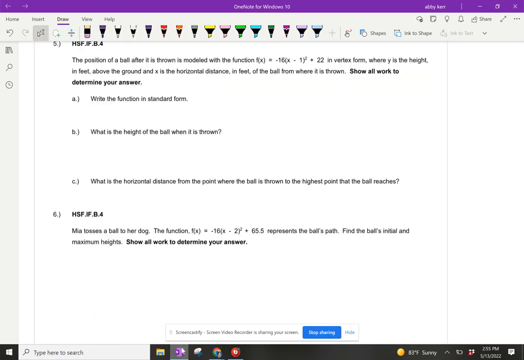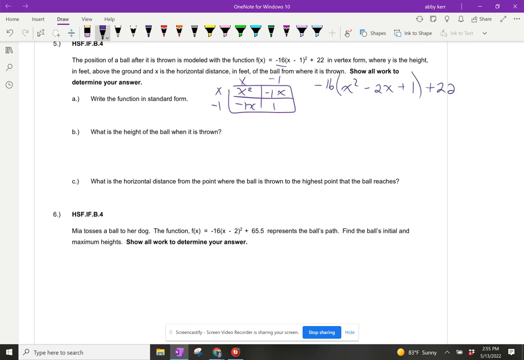All right, for question number 5, we want to convert vertex form to standard form. So this is the same skill that you used in number 3. X minus 1 is doubled, so we have to put it on both sides. So then we have x squared minus 2x plus 1. That -16 is out in front, and that plus 22 gets brought down.